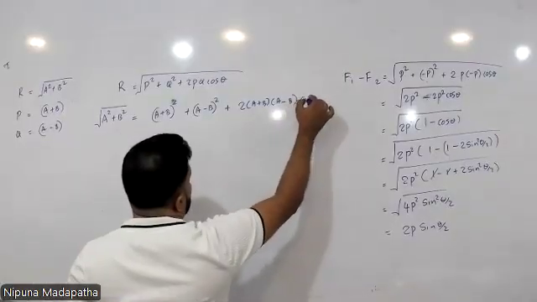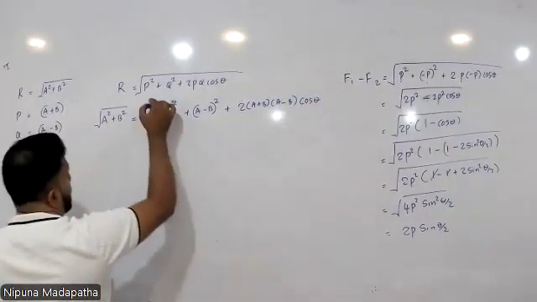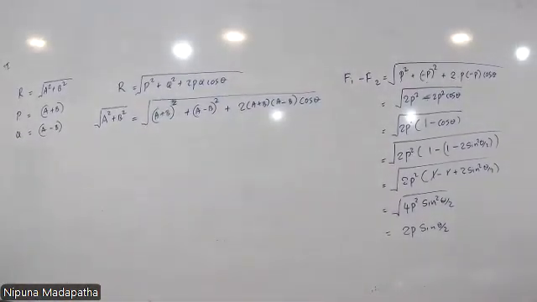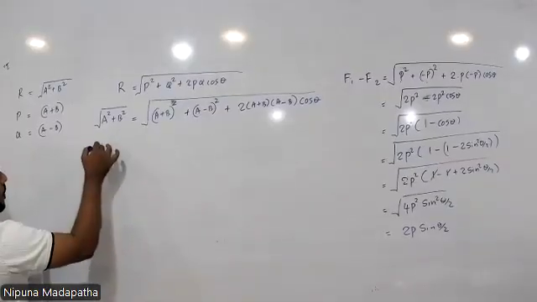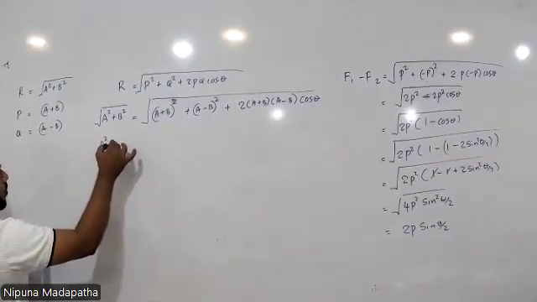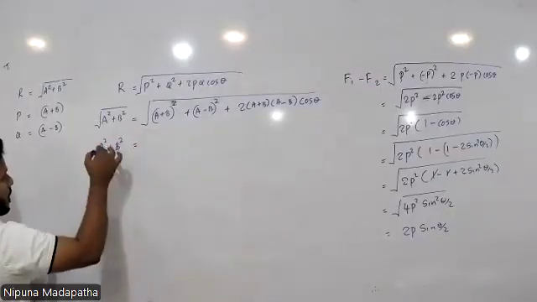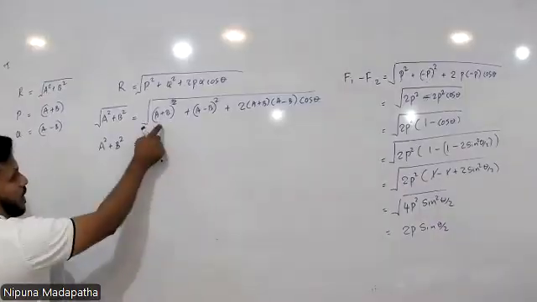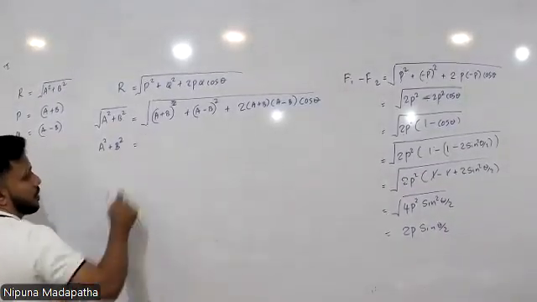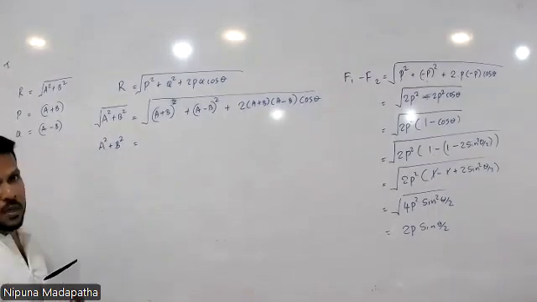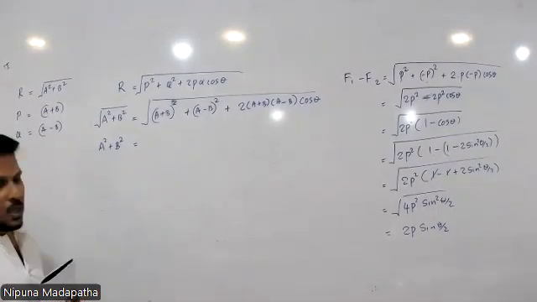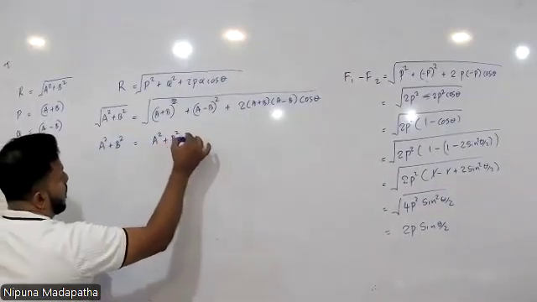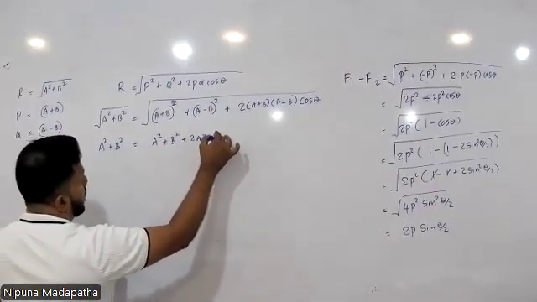Substitute into cos theta. Square both sides to remove the square root. Then A squared plus B squared, and expand. A plus B squared is A squared plus B squared plus 2AB.